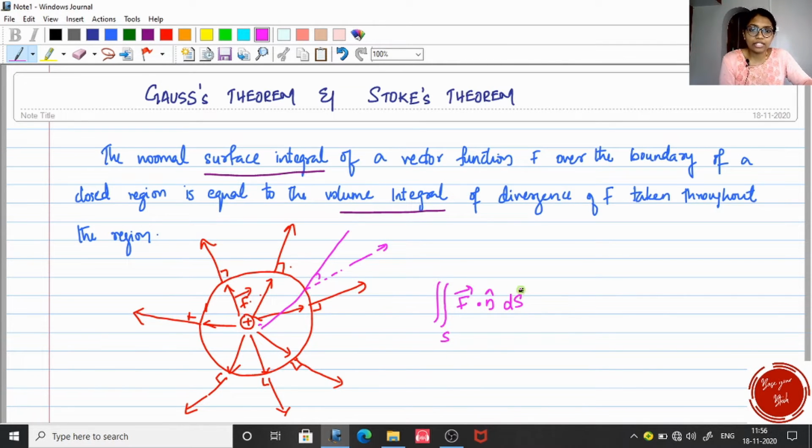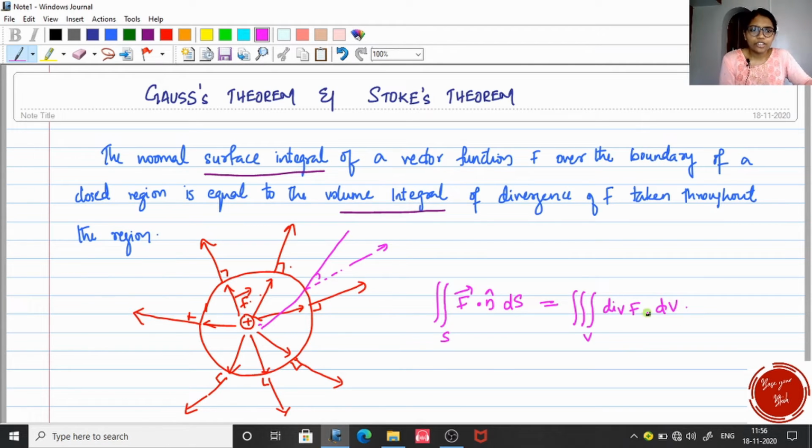So the surface integral, or the first section, is ready. It is equal to the volume integral of divergence of f. See, the divergence occurs inside the region, isn't it? Inside this region means it indicates the volume. So triple integral over the volume. And what happens inside this volume? Simple, divergence is occurring inside this volume. So it is divergence of f dv.